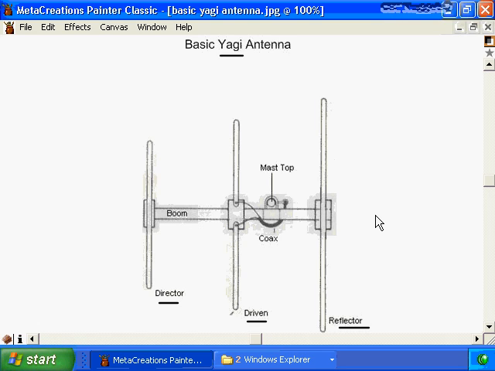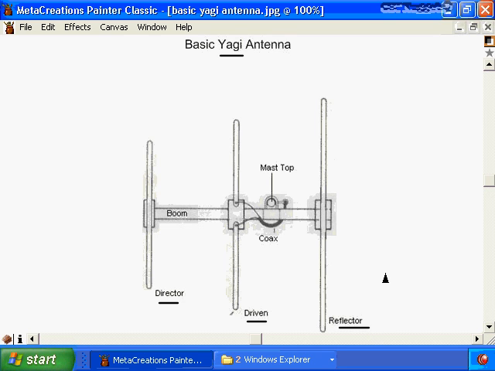These parasitic elements, the director and the reflector, are not connected directly to the driven element, the actual dipole antenna. Instead, they pick up the radio frequency energy from the dipole and re-radiate it in such a manner that it provides a direction for the energy. This direction by and large is a forward direction, but as I mentioned a moment ago, some of the energy still does propagate out the back.